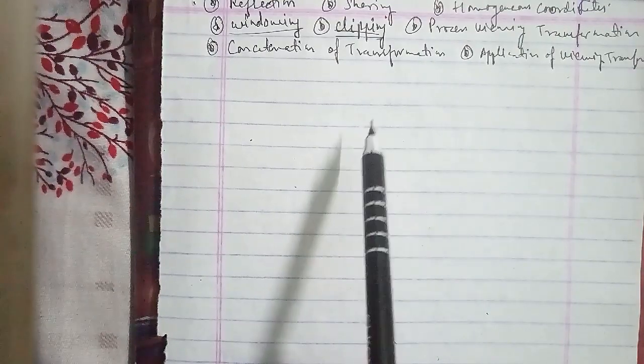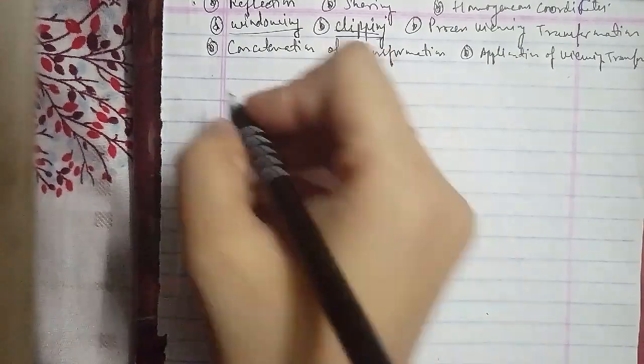Now we'll talk about the other one, that is list out the types of polygon clipping algorithm.